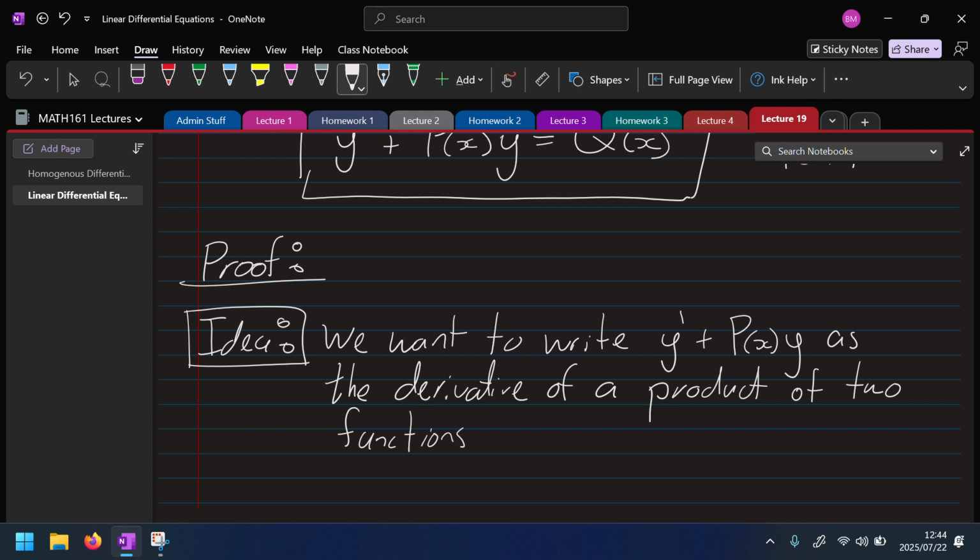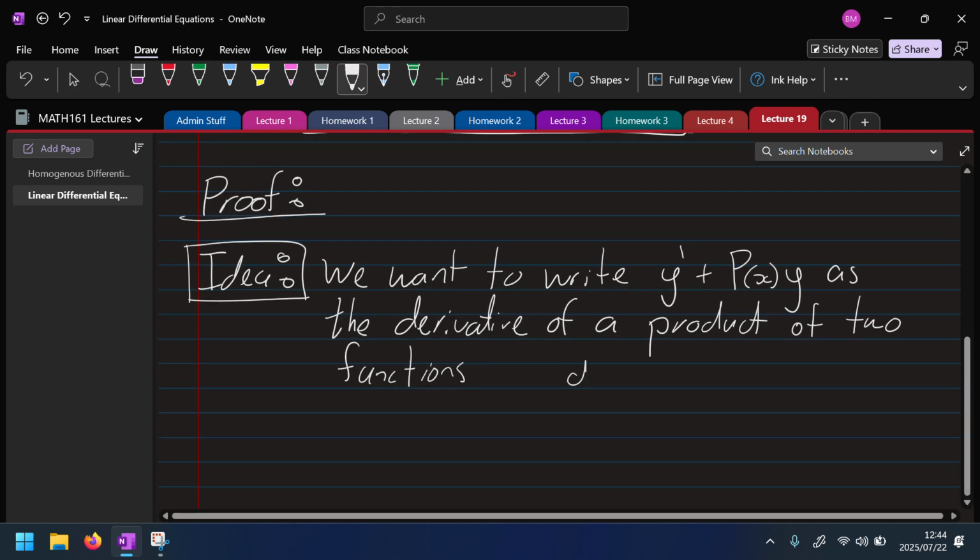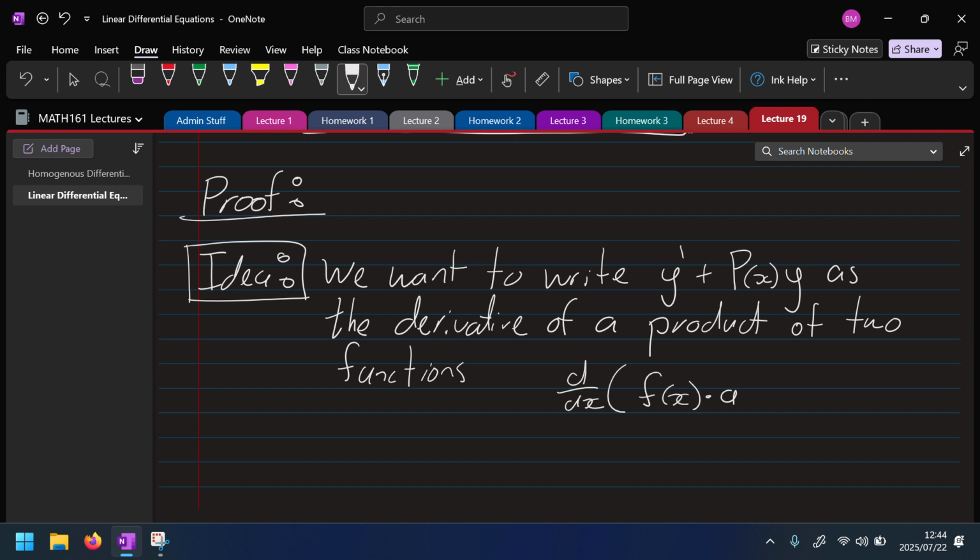Instead of having y prime plus p of x times y, we want to write it as something like d by dx of f of x times g of x. We want to write it as a derivative of a product. So we need to find what these two functions are so that we can replace this y prime plus p of x y with this derivative of the product.